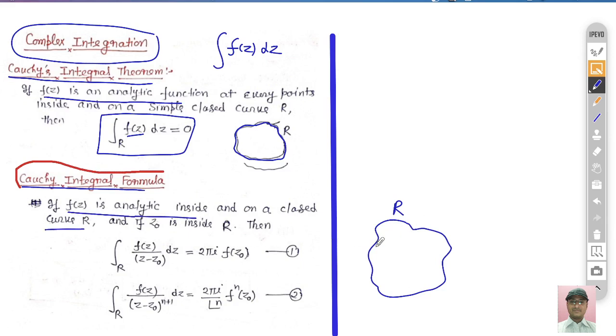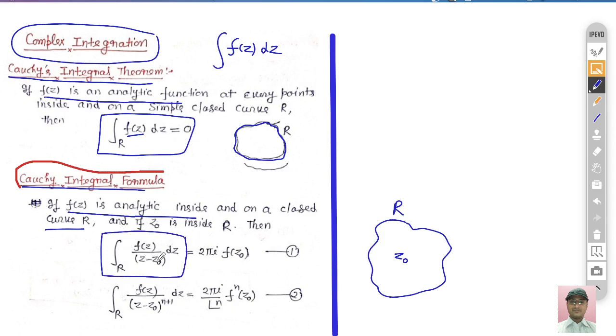But it fails to be analytic at z0. Basically z0 is inside this region R and this forms the integration f(z) upon z minus z0 dz. This will be given in your question paper.